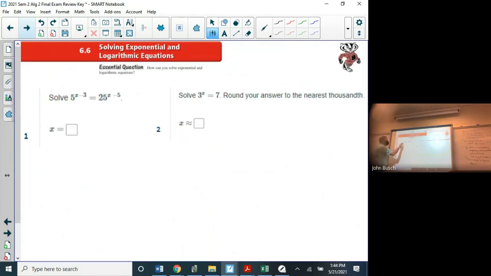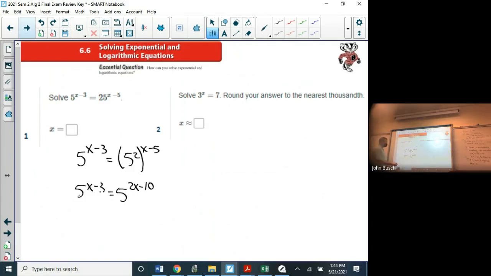Well, this one's a little bit tricky because we want the bases to be the same. 5 to the power of x minus 3. But you can write 25 as 5 squared, to the power of x minus 5. And then when you have a power of a power, you multiply the powers. So this is the power of 2x minus 10.